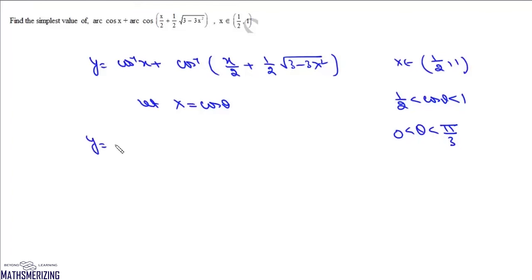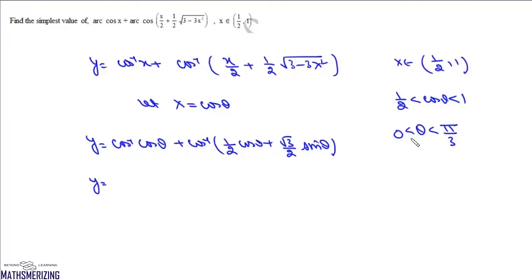Now we can write this as y equals cos inverse of cos theta plus cos inverse of 1 by 2 cos theta plus root 3 by 2 sin theta.